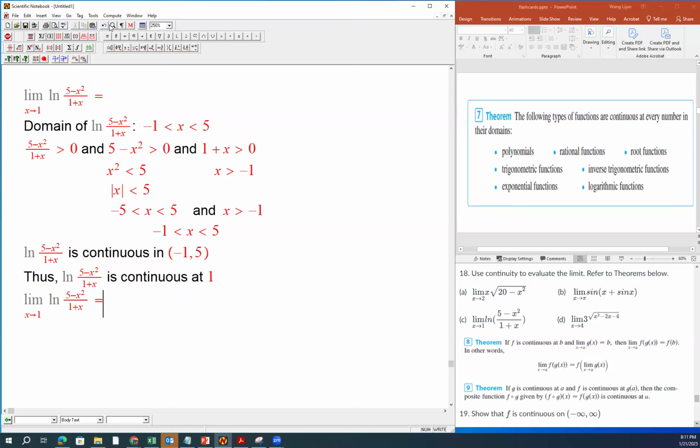So this limit is just a direct substitution, right? I'm going to plug in the 1, what do we get? We get ln, because it's a continuous function at 1. So we do 5 minus 1 is 4, 4 divided by 2 is 2. ln 2. Done.